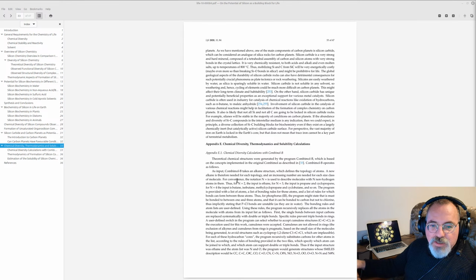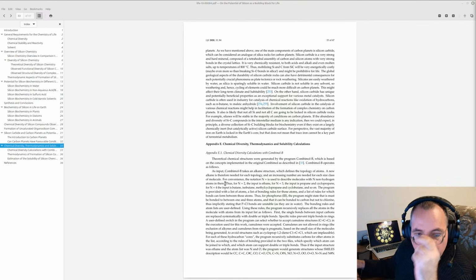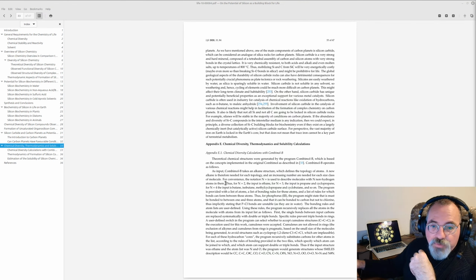For convenience, the notation N equals is used to describe molecules with N non-hydrogen atoms in them. Thus, for N equals 2, the input is ethane. For N equals 3, the input is propane and cyclopropane. For N equals 4, the input is butane, isobutane, methylcyclopropane, and cyclobutane, and so on.